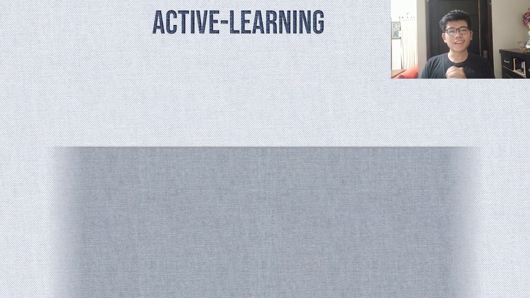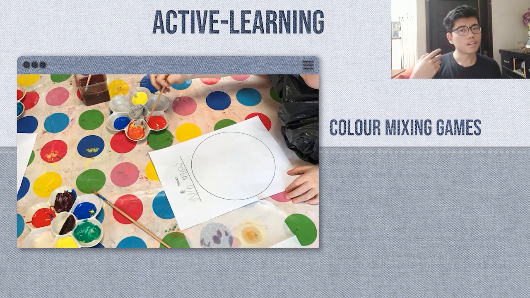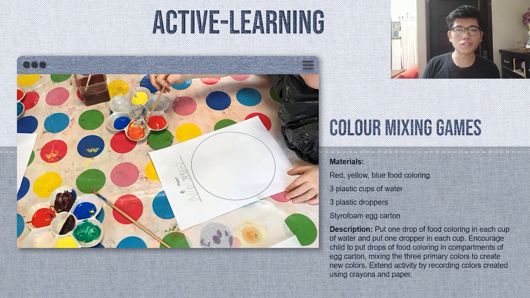The next method is active learning. This method focuses on the students. The students need to be active in the learning process, and to implement this method you can use some games. Right now I will give you an example of a game that you can try with students. The game is called the color mixing game.